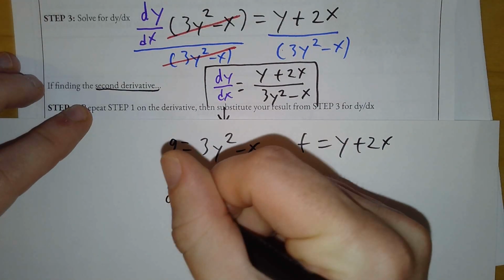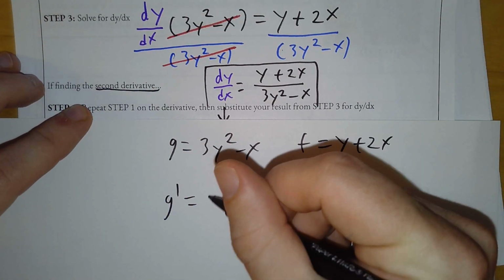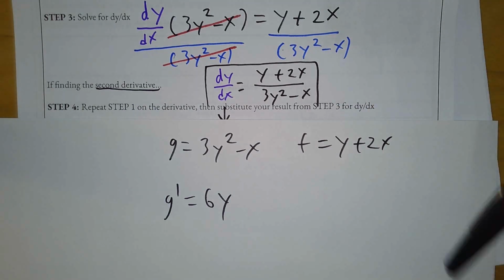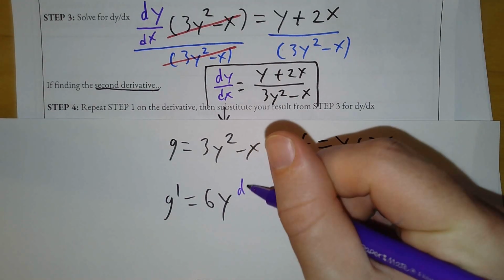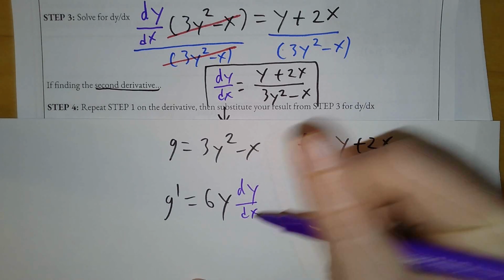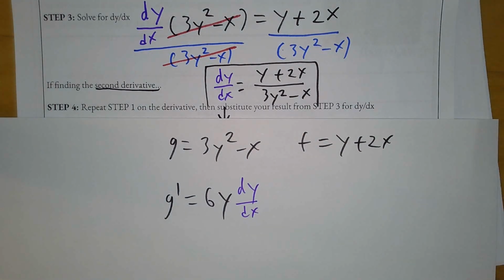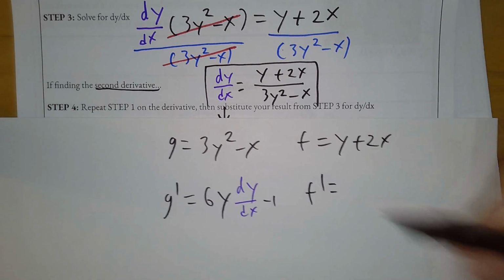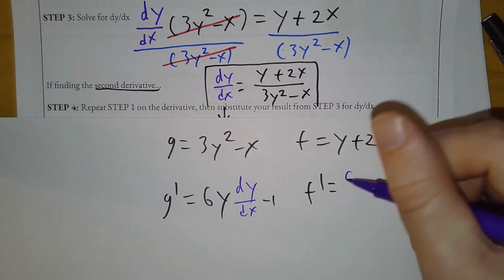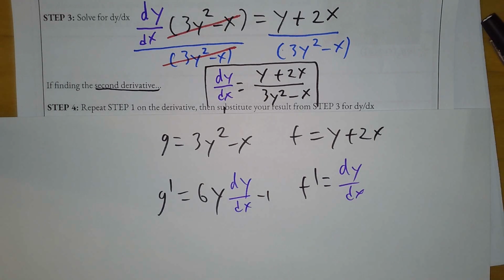So g prime will be 6y dy/dx minus 1. My f prime will equal dy/dx plus 2. Okay?